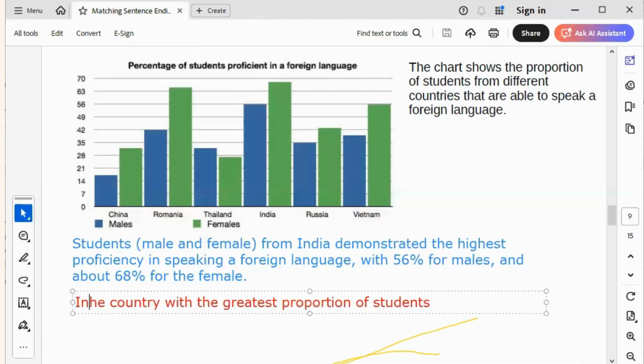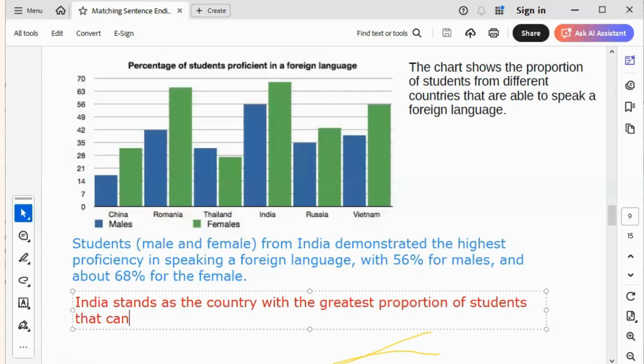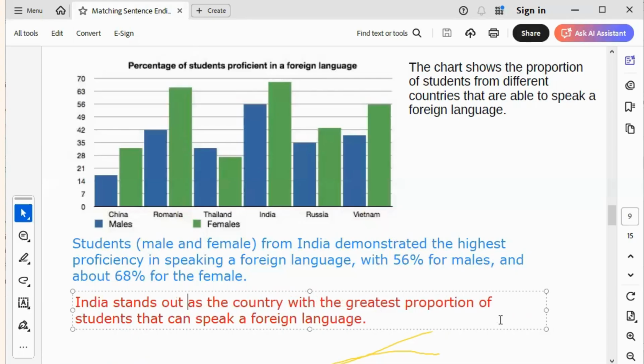India stands out as the country with the greatest proportion of students that can speak a foreign language. So that's what the sentence should have sounded like. India stands out as the country with the greatest proportion of what? Students that can speak a foreign language.